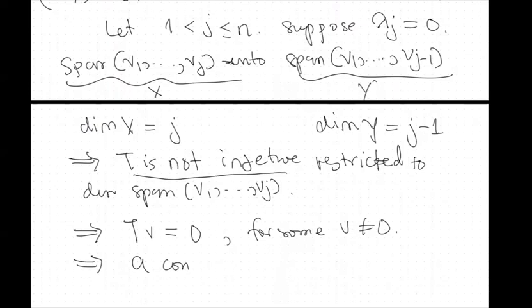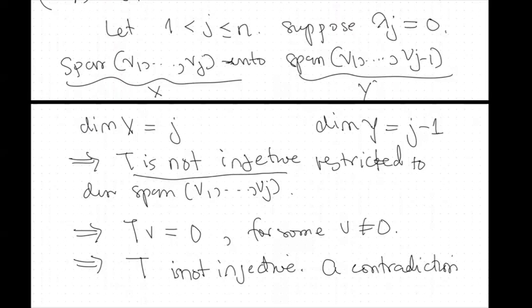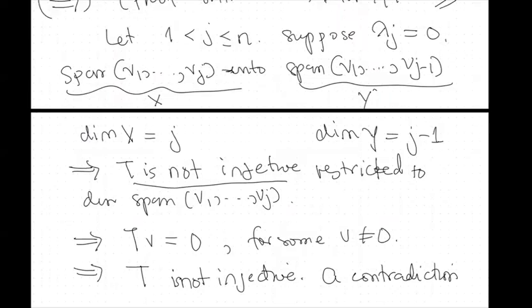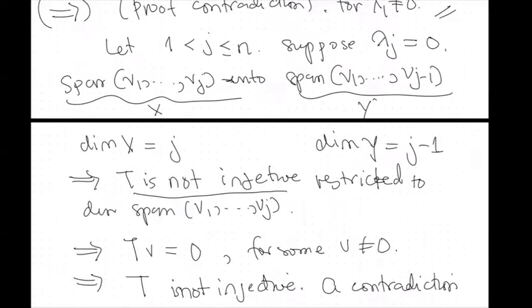This means that T restricted here is not injective, and that is a contradiction to the invertibility assumption.